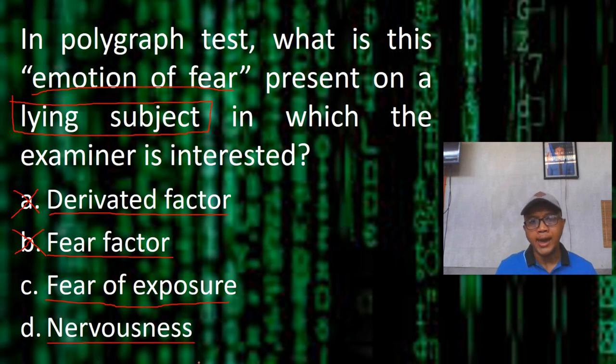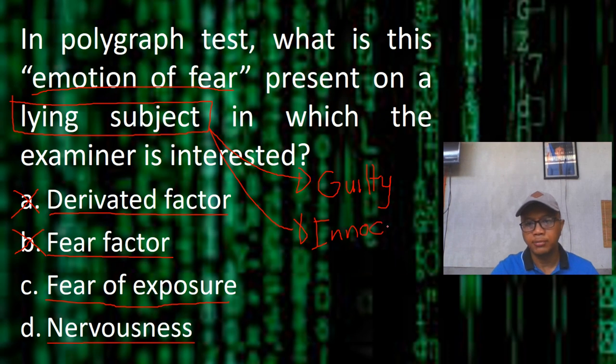Now, applying the alignment principle. Remember, in polygraph examination, when we say subject, we could be referring to the guilty subject, or we could be referring to an innocent subject.